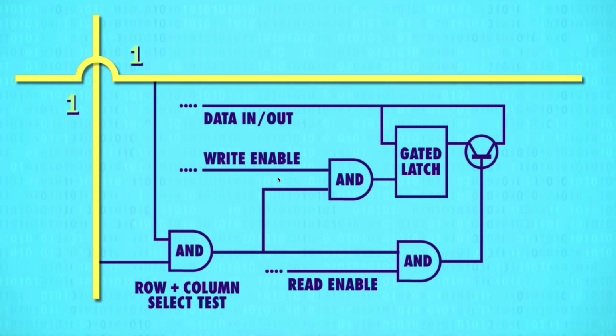So you pass that into the gated latch, and if the overall read enable is true, then the current gets passed through a transistor, and the output of the gated latch is the current, and it gets sent to data out. So this is one of the cells of the matrix.